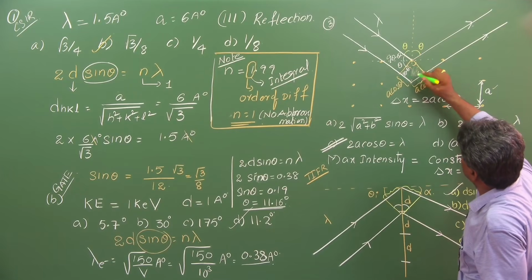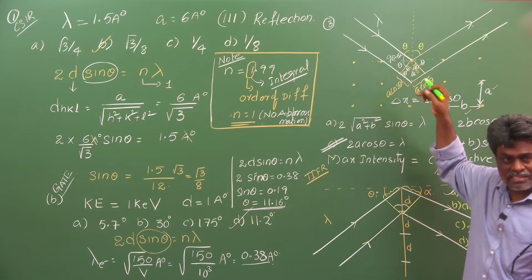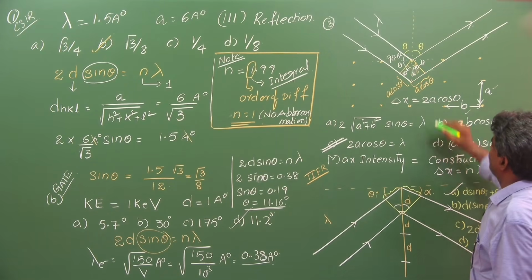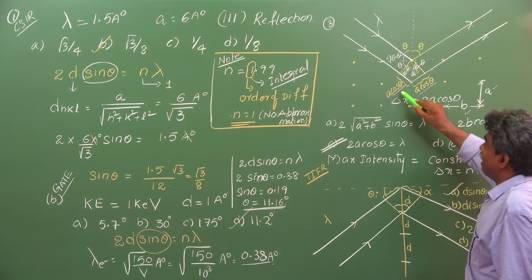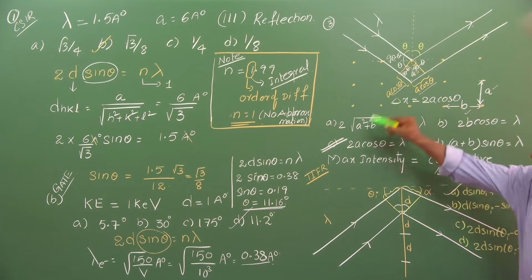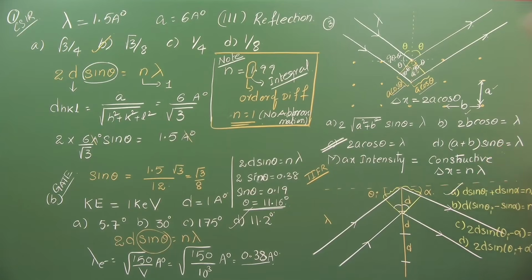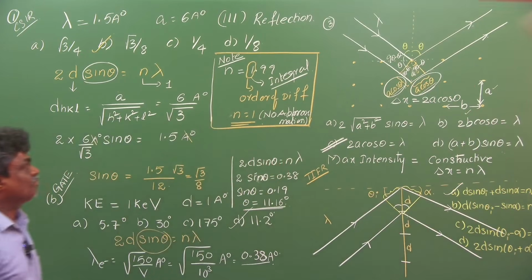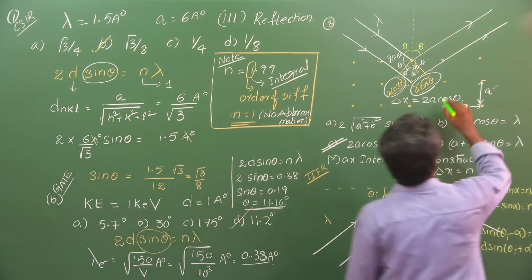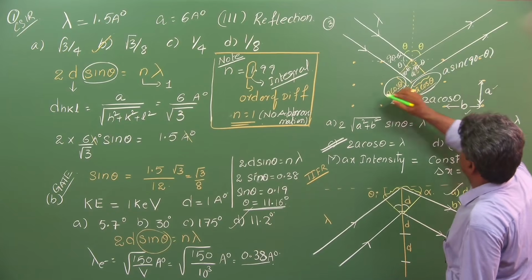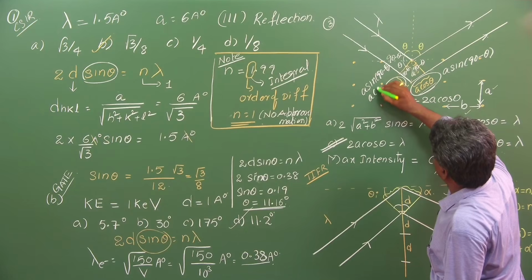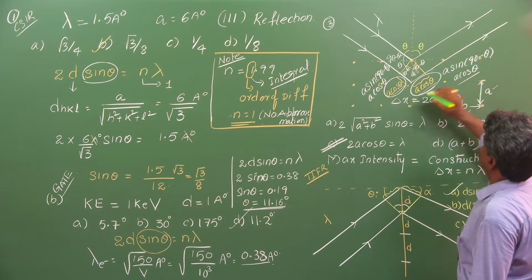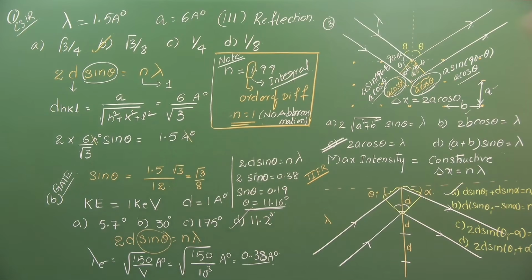Whatever it is, it's the same answer. Still like school children, theta, 90 minus theta, what is this? Can't you write directly? Oh, I understand your problem. You are getting sine here, and the answer has only this, that's why you are saying a plus b sin theta. Write directly. MSc students can't even write that? Now happy? A 90 minus theta, you can't take it as some other theta.